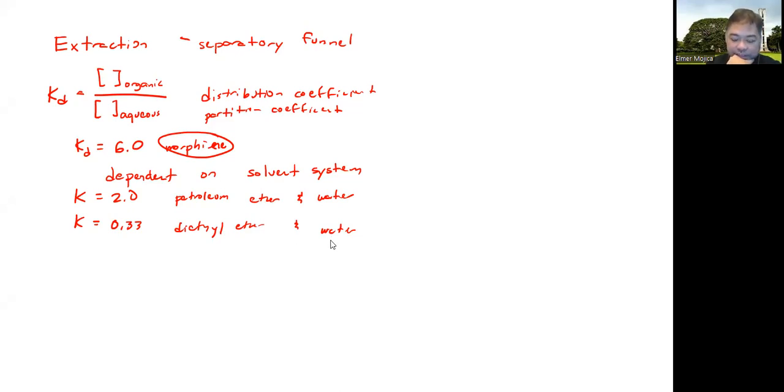So when the K is less than 1, it means that the compound partitions into the aqueous layer more than the organic layer. So those are the information that you need to know about this thing. Okay. Now, this is not new to you because I think the Orgo is the one that explained this concept.